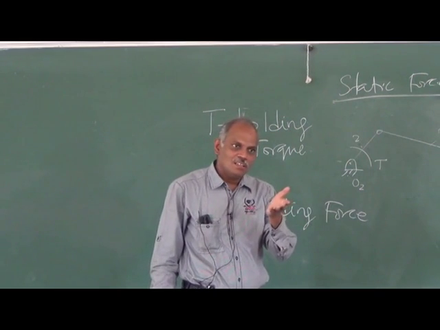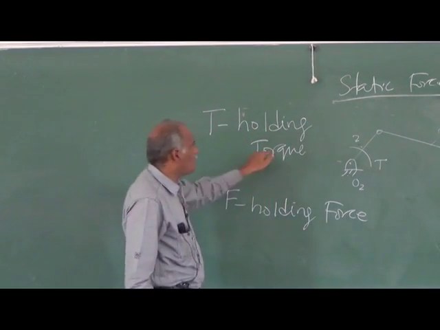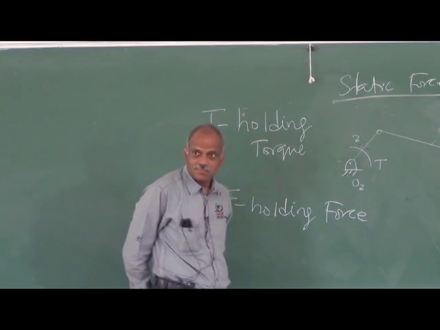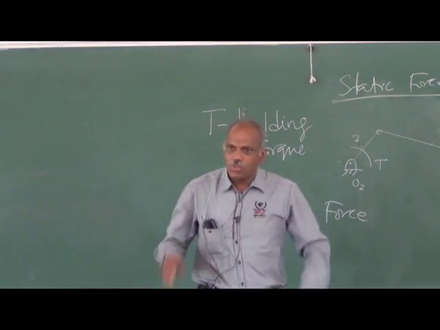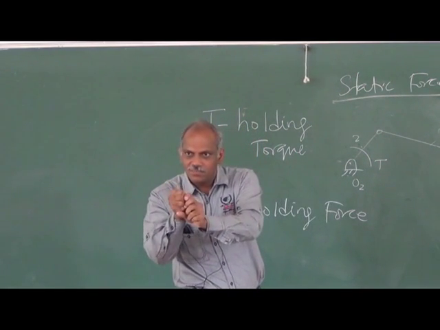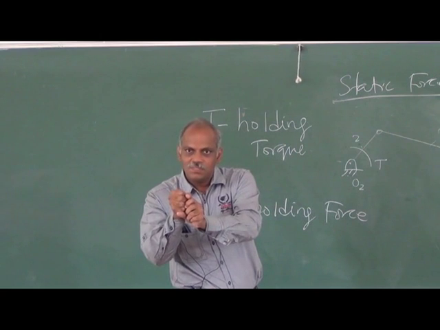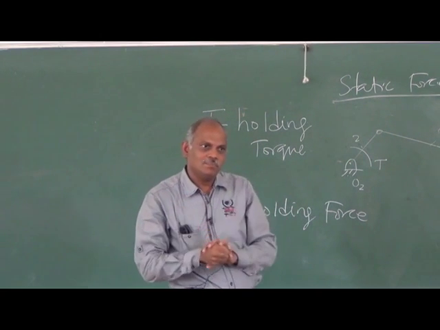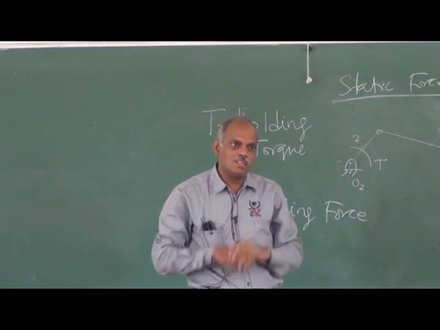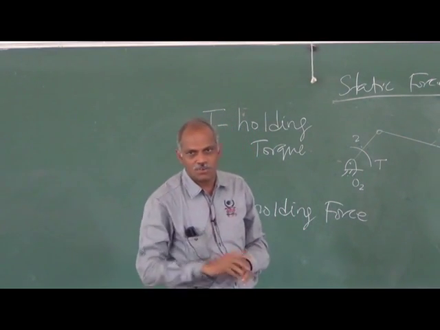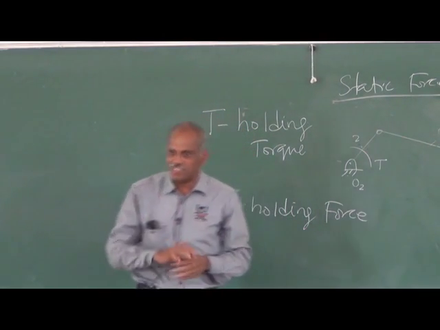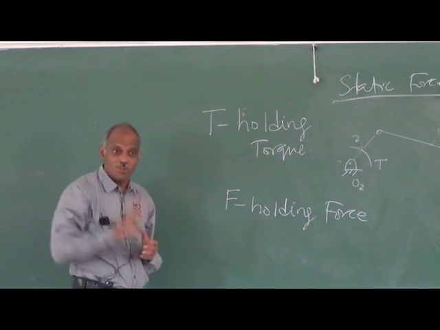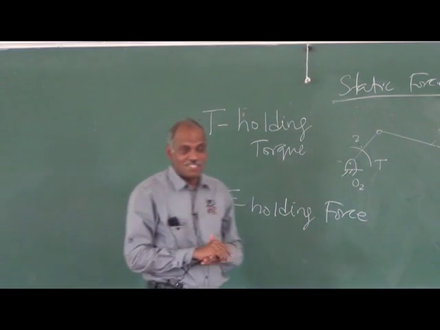That torque is called the holding torque. Suppose you put your hand on the wheel of the cycle and stop the cycle from moving, then you are offering a torque on the wheel. That will be the holding torque. Don't do that because you may be hurt. The fan also, you have to be careful.